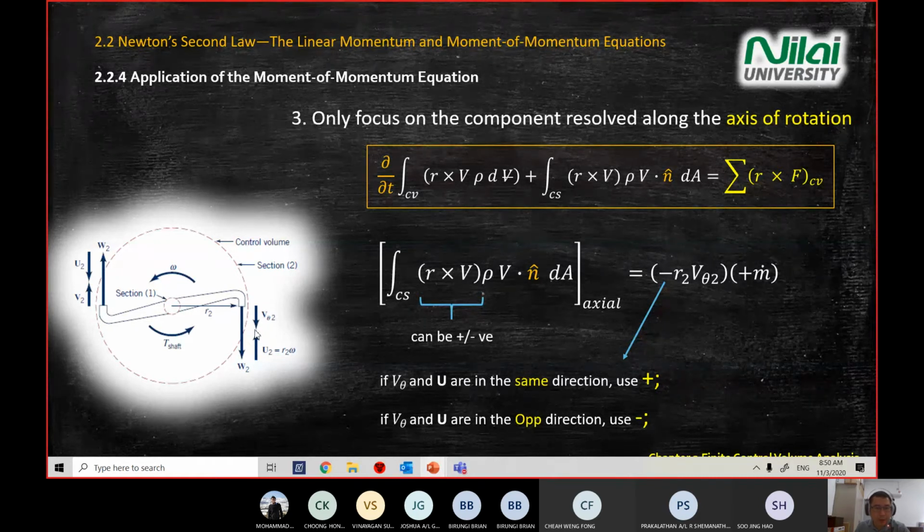So when you have opposite directions between these two vectors, you get a negative sign. If these two are aligned in the same direction, then you get a positive sign in the equation. Okay, so this is on the axial component.